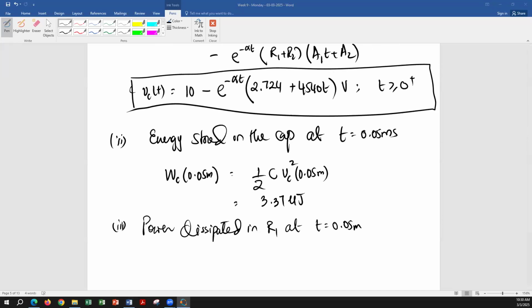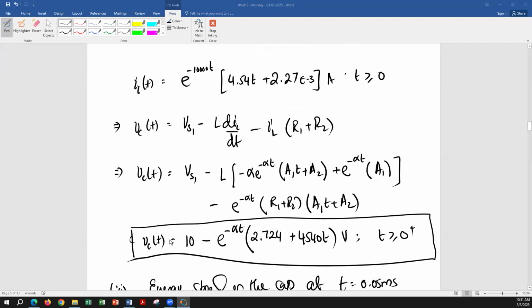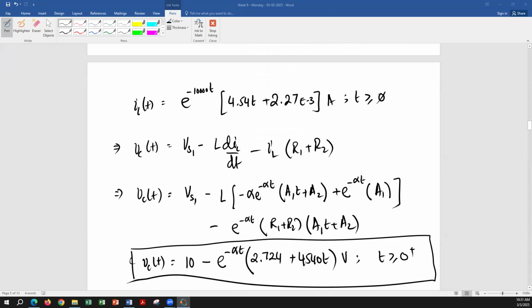And then power dissipated in R1. The equation for IL is exponent of negative alpha times t times A1 times t plus 8.